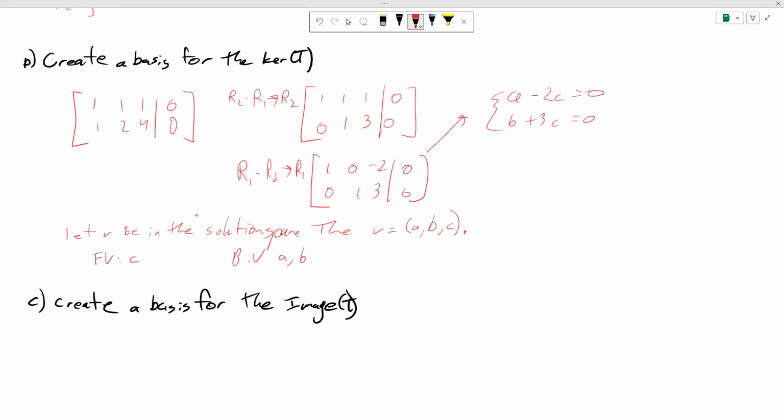Now, letting c equal t, which is an element of the real numbers, this gives us that a equals 2t and b equals minus 3t.